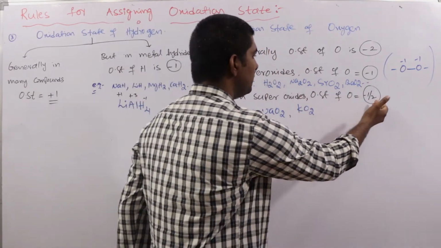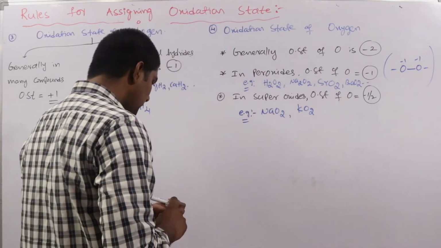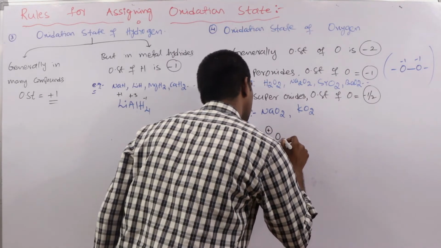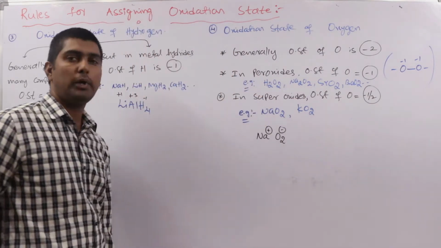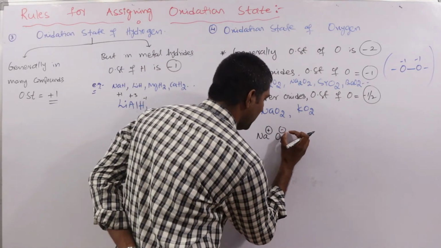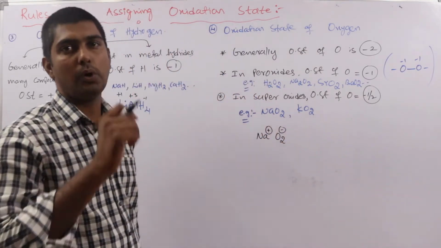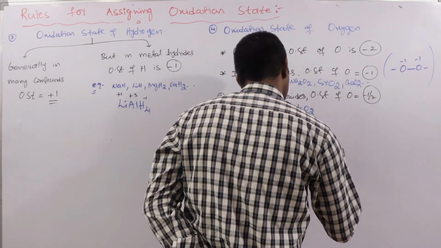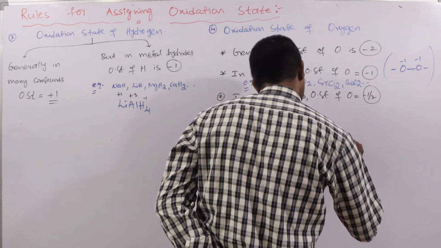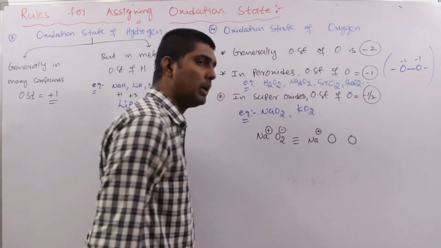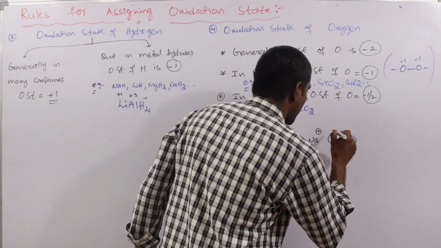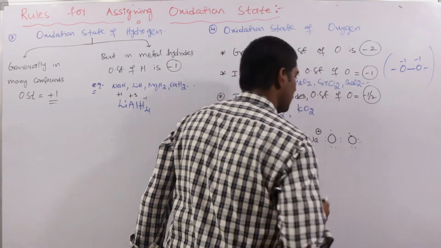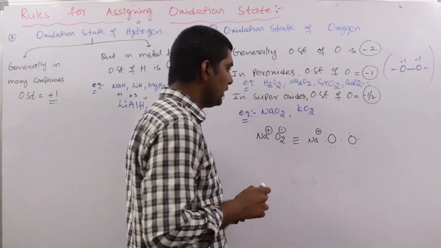So how is it possible? Now if you take this one, actually it exists as Na+ O2-. One electron is distributed between the two oxygens, one unpaired electron. If you consider the oxygen, total 6 valence electrons, yes or no?